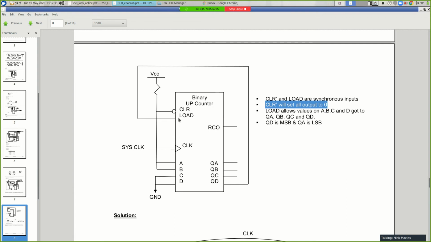The load line, on the other hand, when load is asserted, when it's equal to 1, it takes these 4 inputs and loads those into QA, QB, QC, and QD. So that's a preset option. And anytime the load line goes high, these 4 input values will get loaded into the internal count.